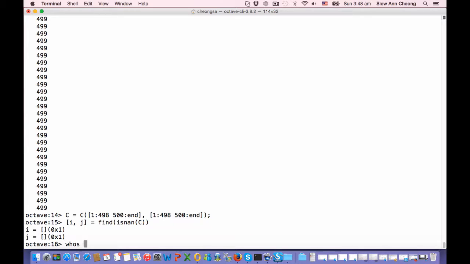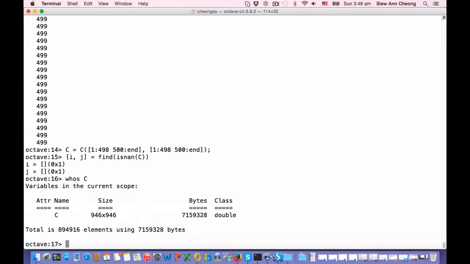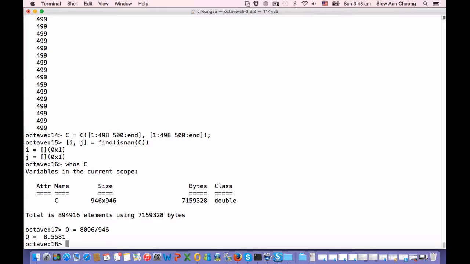But now of course C is deflated by 1. So my Q should be equal to not 8096 divided by 947 but by 946. So it's increased by a little bit, 8.56. Okay, and now we're ready to compute the eigenvalues.